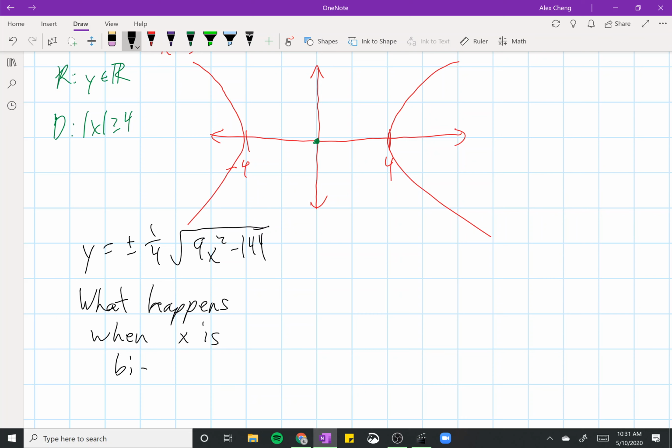And when we mean big, we mean really big, for lack of a better term. If I start off by looking inside here, once you have 9x squared minus 144, the 9x squared is way, way bigger than the 144, again, at big x values.